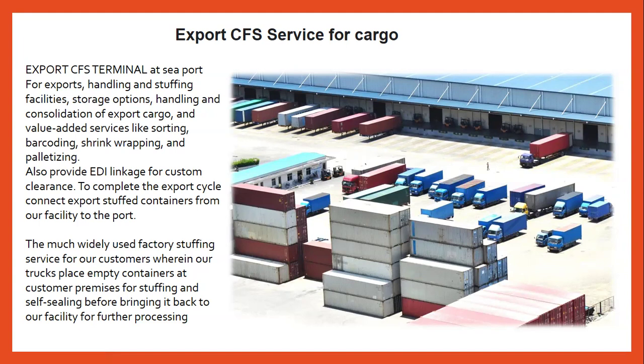Just like exporter A sending one box, exporter B sending a second box, exporter C sending a third box. In this way, there are 10 exporters sending this cargo to the same location, like South America. So what this CFS will do is consolidate the cargo, meaning they stuff this cargo in one container.